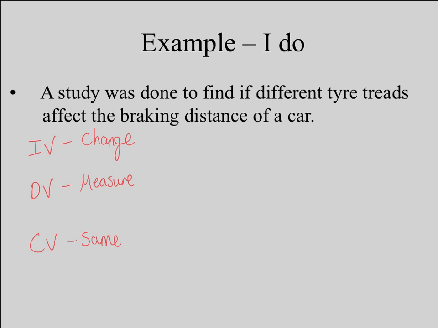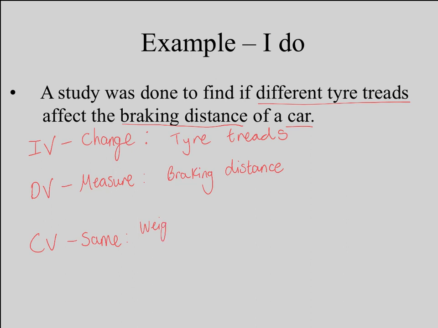So a study was done to find if different tyre threads affect the braking distance of a car. Okay, so what are we changing? The tyre threads. What are we measuring? The braking distance. And then what kind of things do we need to keep the same?